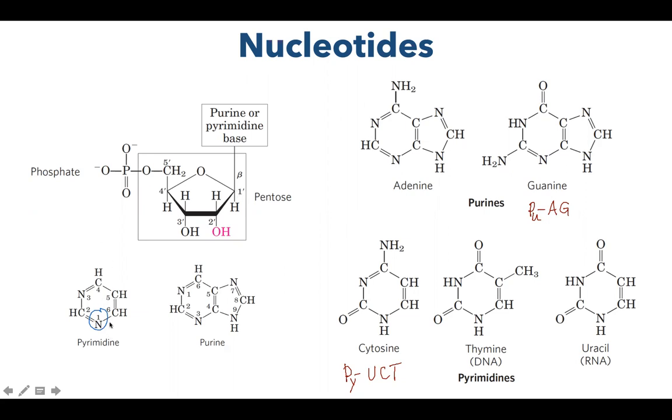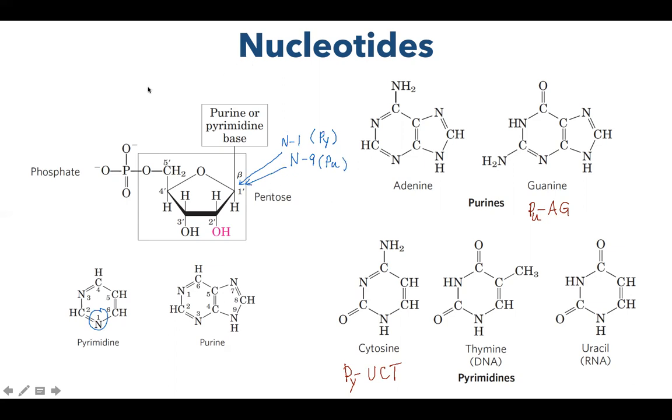On the other hand, for your purine, the attachment is through nitrogen 9, attached to 1' carbon of ribose.